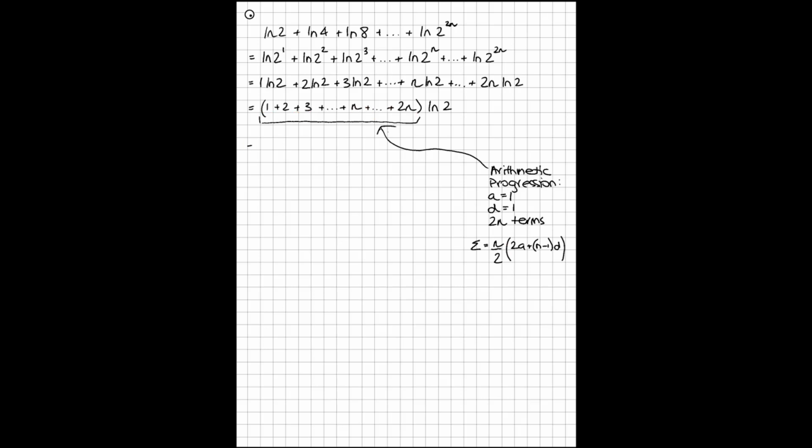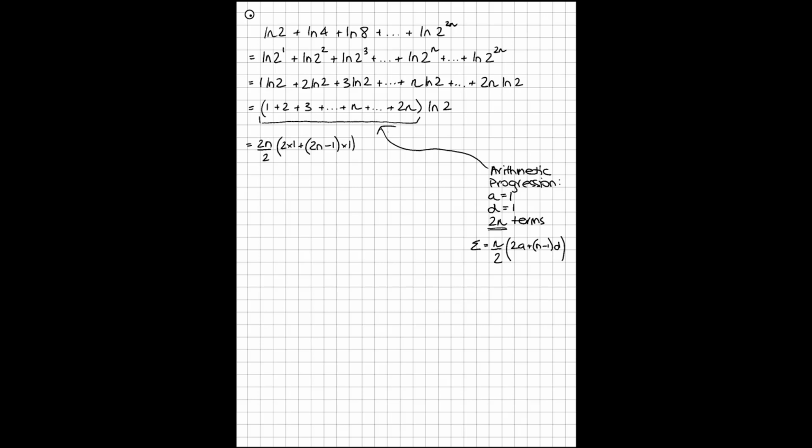It can be a bit confusing because we're dealing with 2n terms, so wherever we see n here, we want to put 2n. So it will be 2n on 2 times 2a, and a is equal to 1, so that's 2 times 1, plus n minus 1 times d. Wherever we see n we put 2n, so it's 2n minus 1, and d for us is 1.